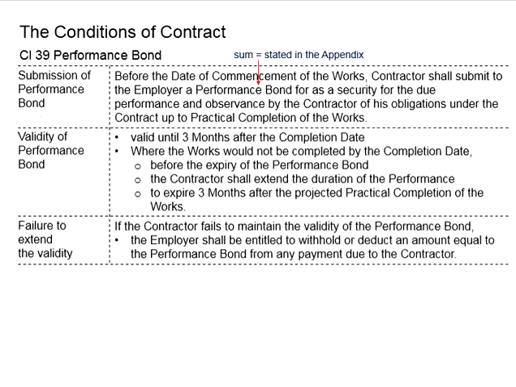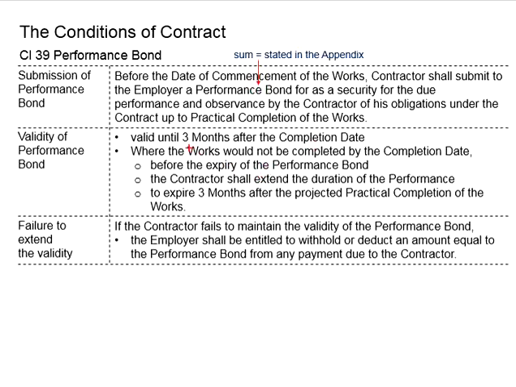Now you know that the validity of this performance bond will be starting from the date of the commencement of the work until completion date plus 3 months. This is by default, assuming the project is completing on time.